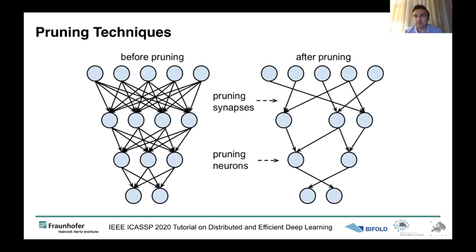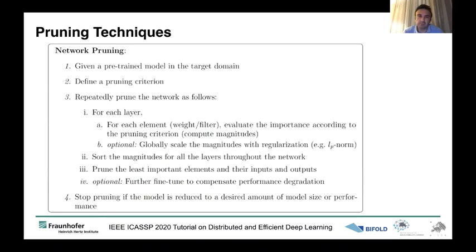Of course, for that you often need some training data or some validation data to prune your network. What people do is, for each element, evaluate the importance according to the pruning criteria.